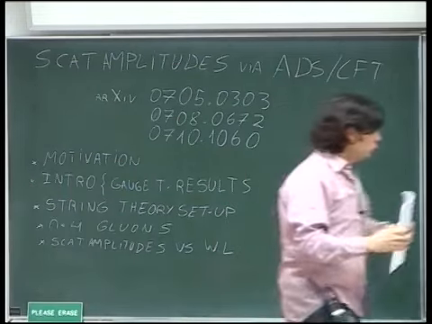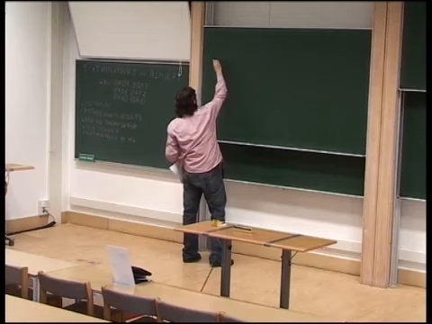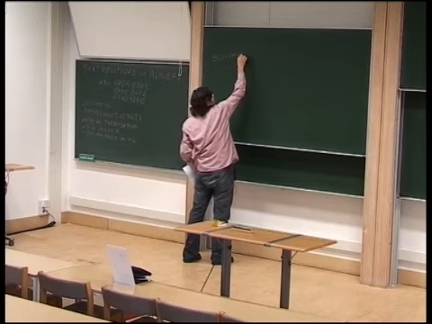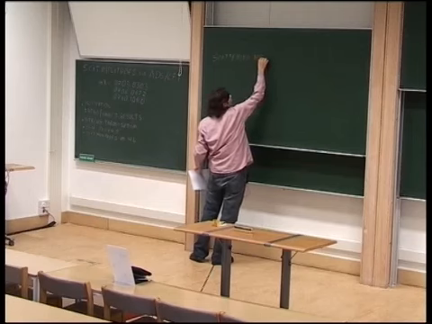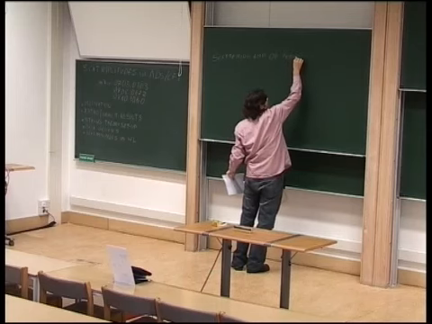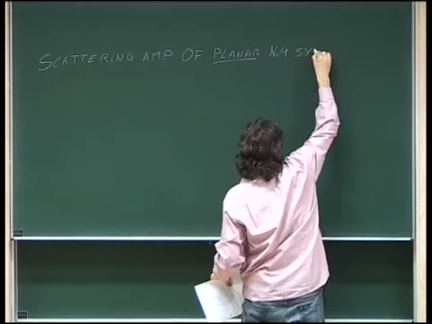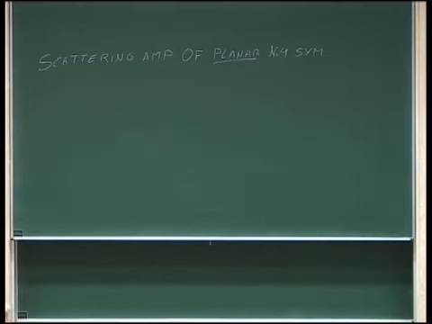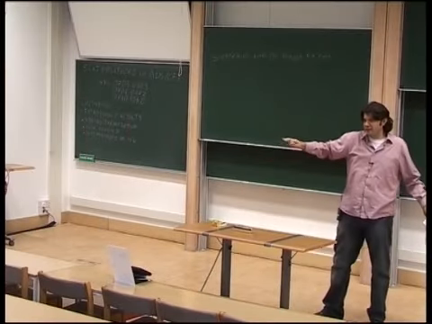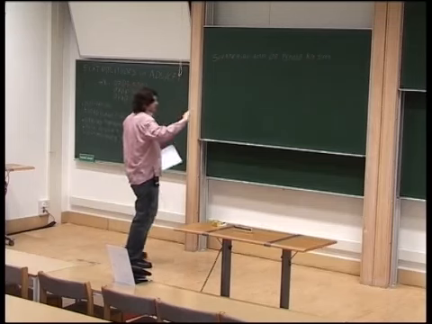So, what we will be interested in is computing scattering amplitudes of planar, this is very important, N=4 super Yang-Mills. So that is the theory we are going to consider. Why? Well, of course, in principle, we would like to consider scattering amplitudes in QCD or some more realistic theories, but that is very hard.